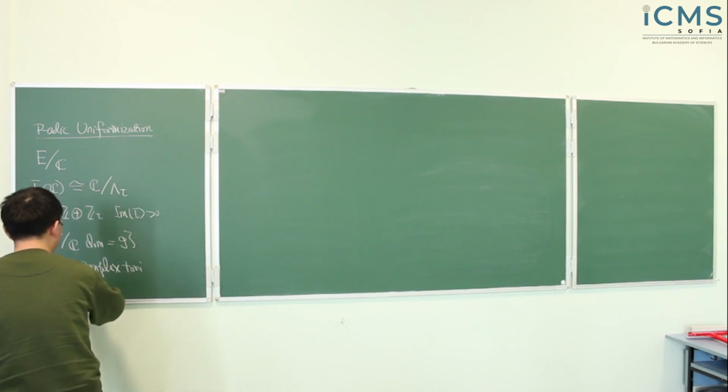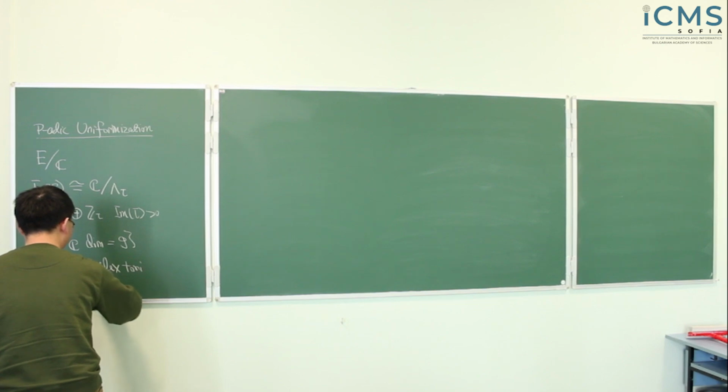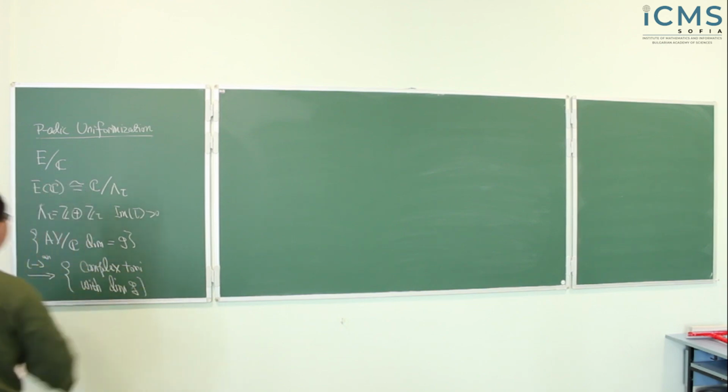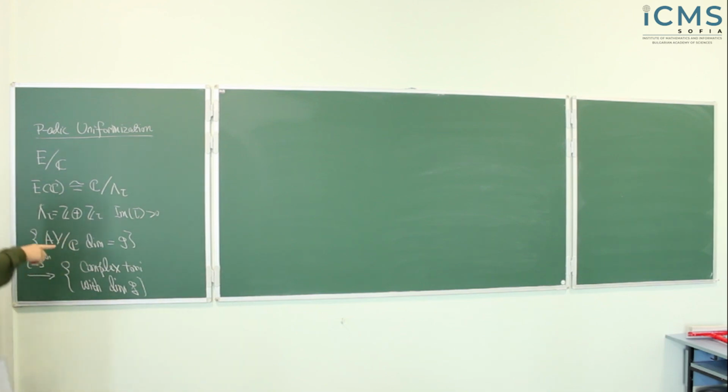In dimension 1, the two categories are equivalent. But unfortunately, if we increase the dimension, this is just a fully faithful functor, which means not every complex torus is an Abelian variety. So now there is a natural question.